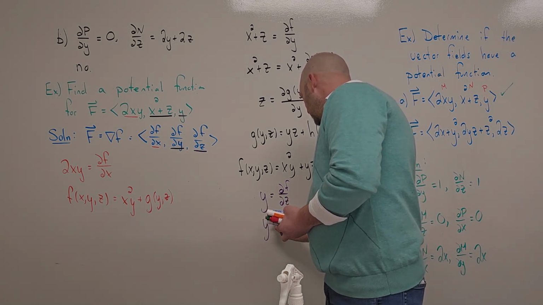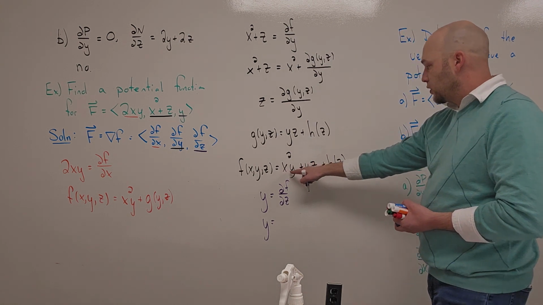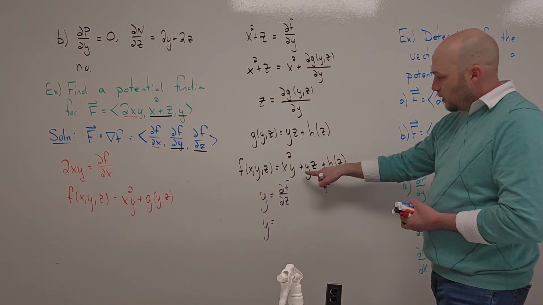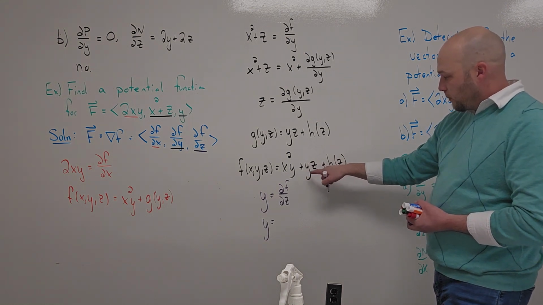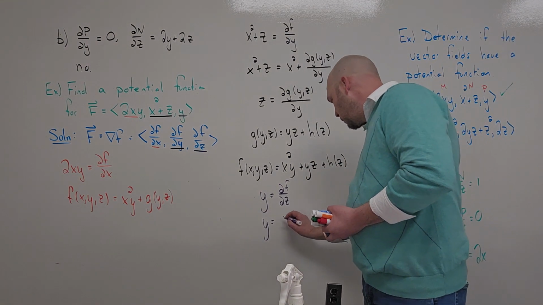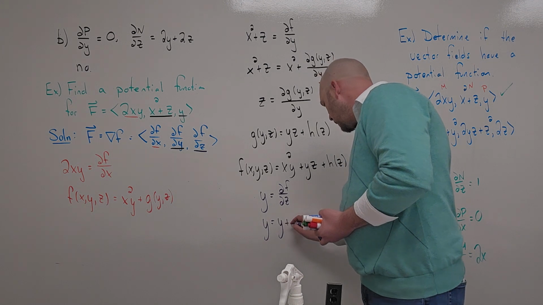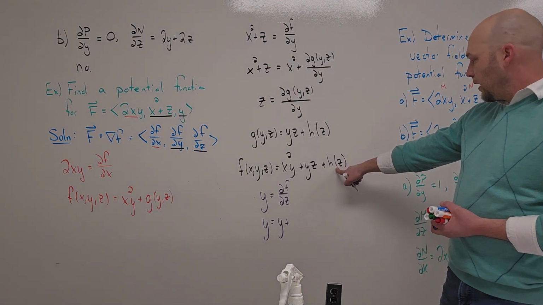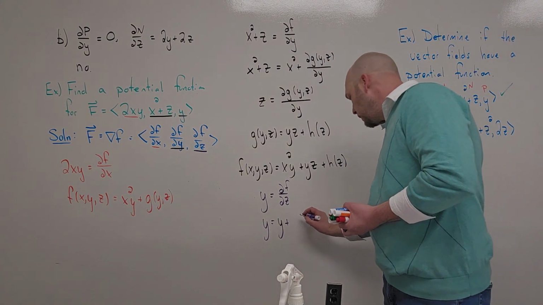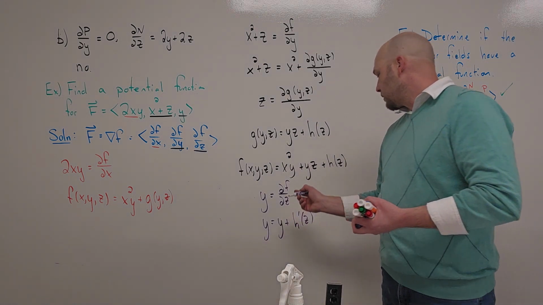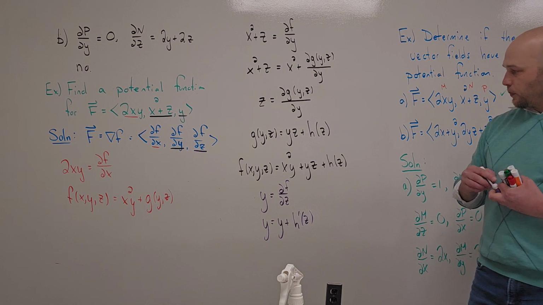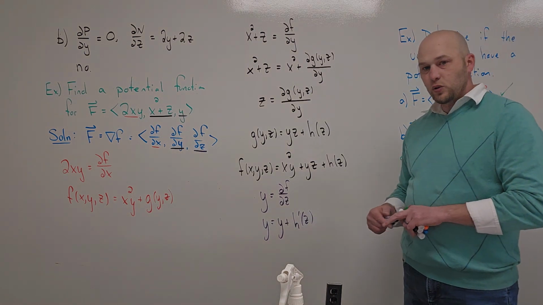And what I can do is differentiate the function f with respect to z. This part would be 0. This part here, yz, the partial with respect to z would be y, and then plus the derivative of h of z with respect to z would be h prime of z.